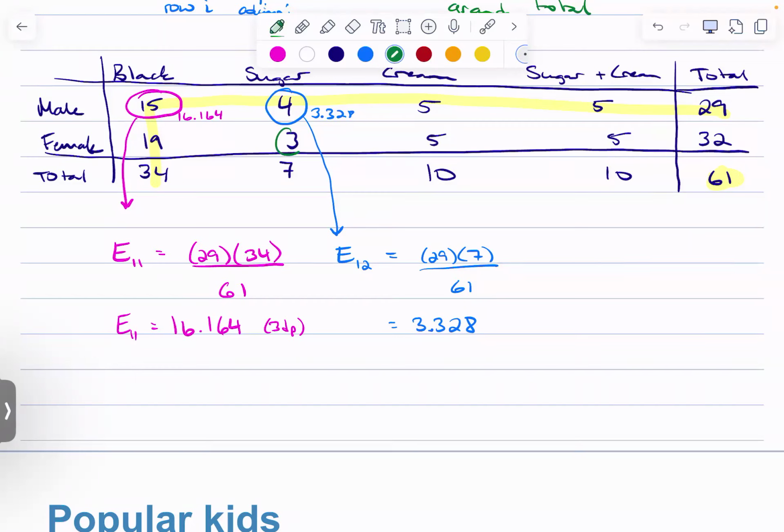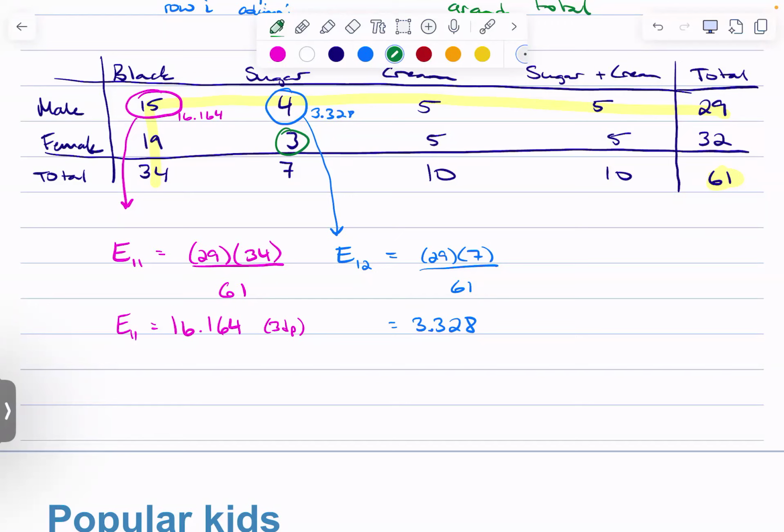Let's look at this expected value. It's not going to be the same as the one above it, right? Because I have 32 females versus 29 males, right? And so I need to take that into account.